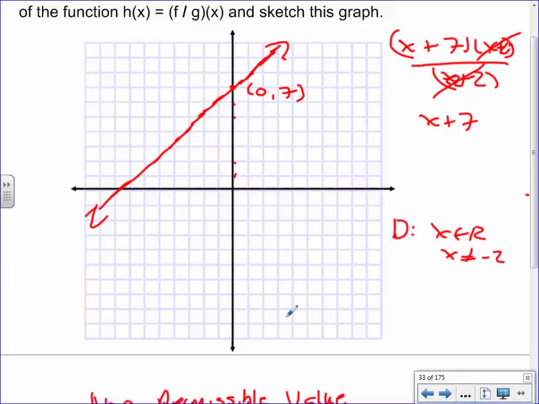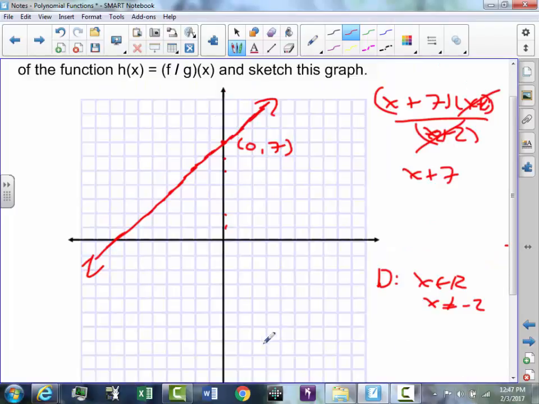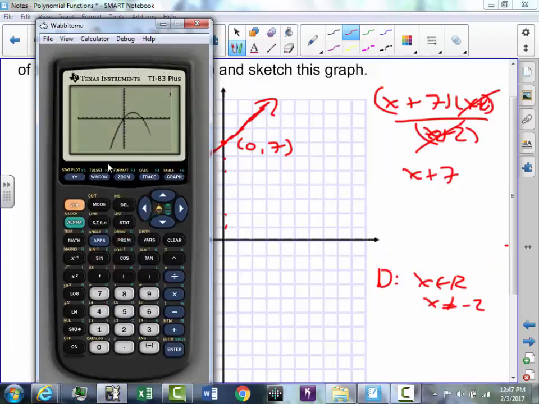Let me show you. We'll use the graphing calculator now. Let's say I typed in the original, which was x squared plus 9x plus 14. Let's make a bracket around it, and you divided it by x plus 2.